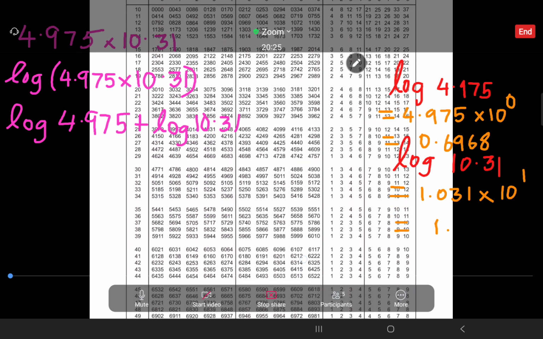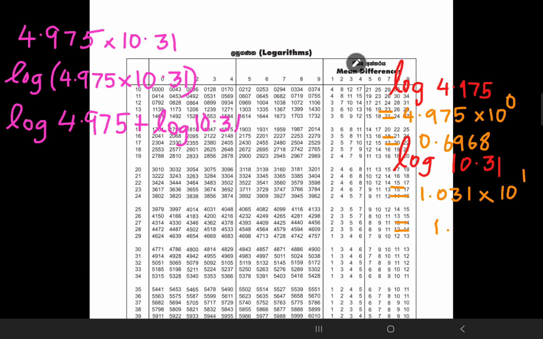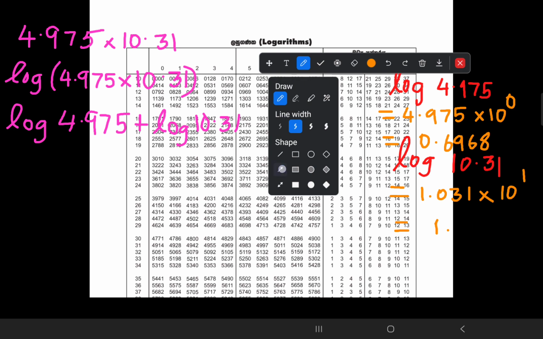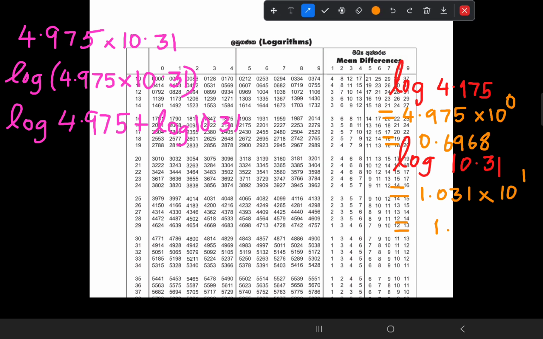We will use the table. The 10th row is the first one. In here we have the 10th row, third column, and the first mean difference is 4. Let's use that. 10th row, third column, it is 0128.